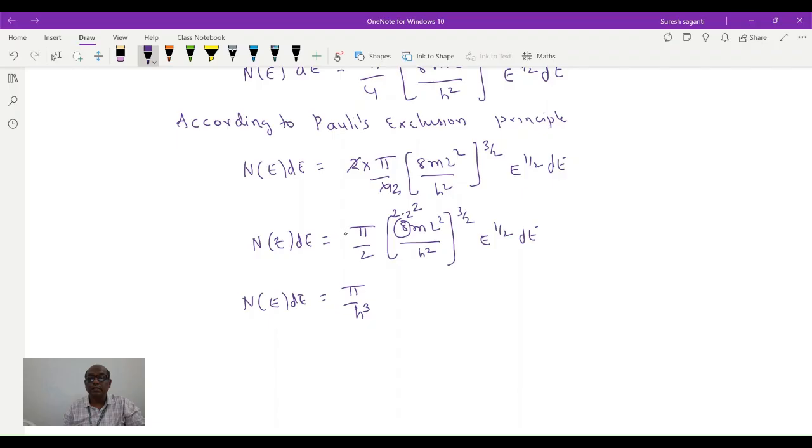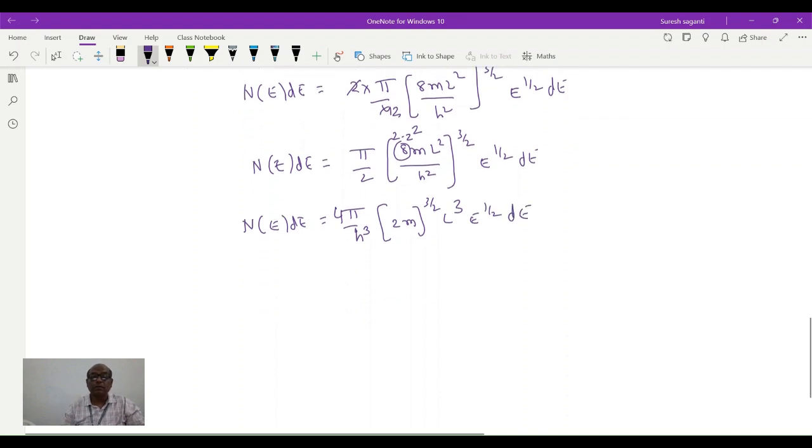So here we will get 8, 8 divided by 2, so 4. 4 pi by h cube into, what is the left out thing here? 2m to the power of 3 by 2 into L cube E power 1 by 2 dE. So these are the number of available states between E and E plus dE.